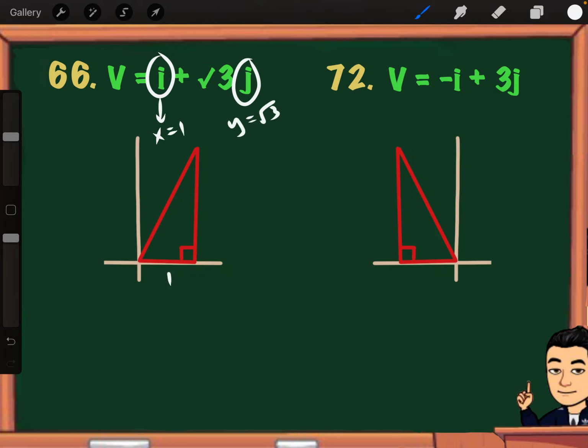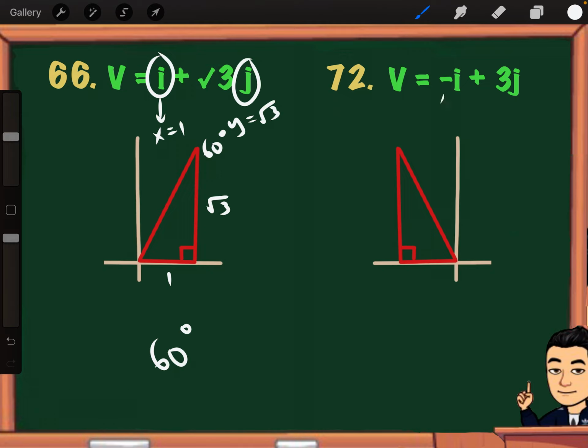So put 1 here for the x and then rad 3 for the y. So you know that this is going to be a 60-degree angle. Okay, so in here you just know that this is 60 degrees. For 72, you have to use the calculator.